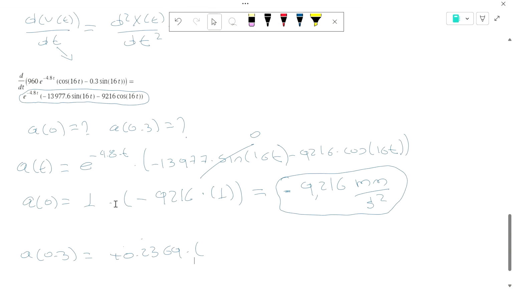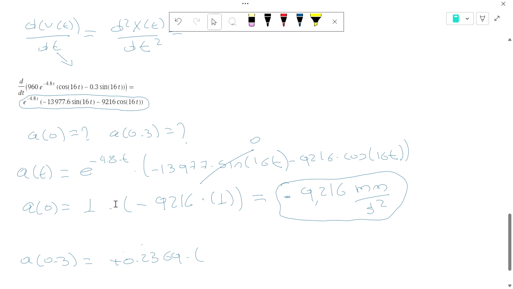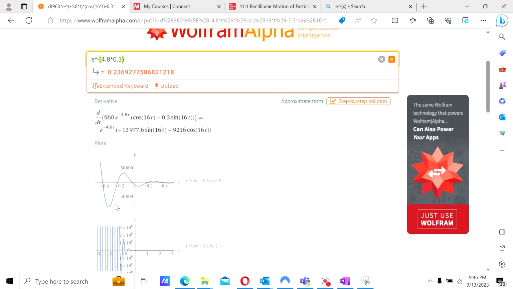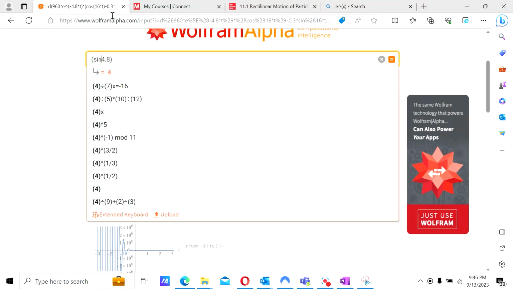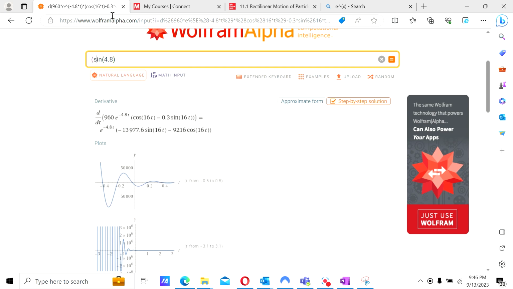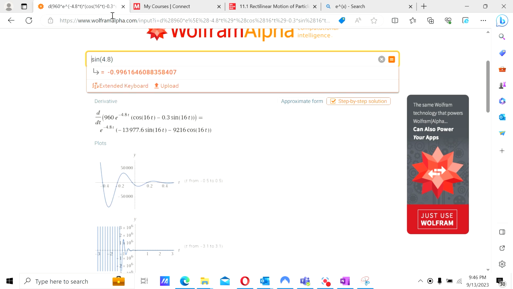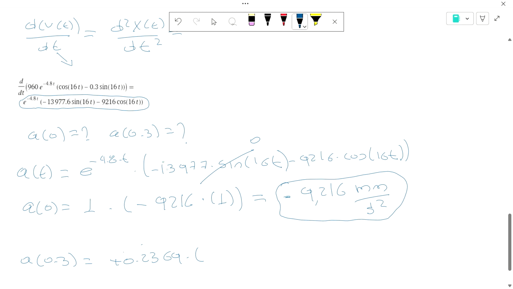Actually, I should do that. Let's do 16 times 0.3, which is 4.8. Sine of 4.8 is negative 0.9961.